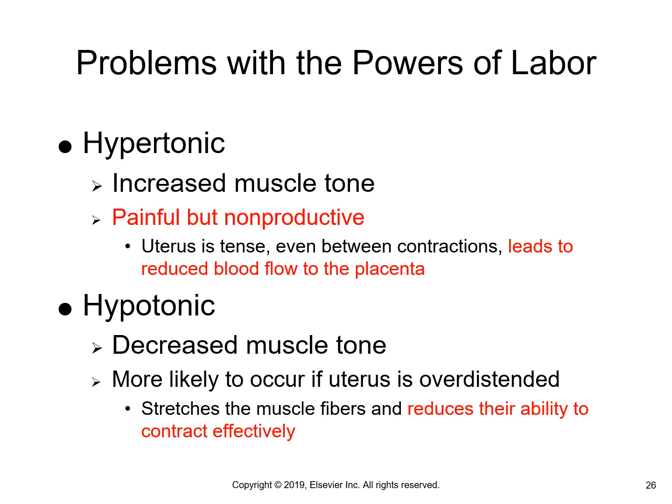For hypotonic, what we can do for these patients, number one, if the membranes are still intact, is what the physician would do, called an amniotomy, which is the artificial rupture of the membrane. Remember, if we do that amniotomy, it helps with increasing the contractions in the uterus.